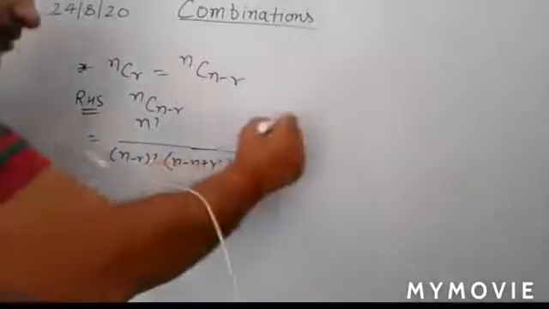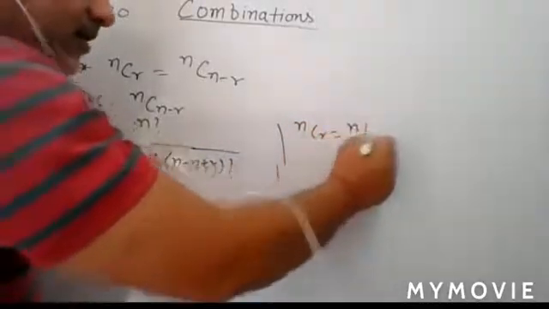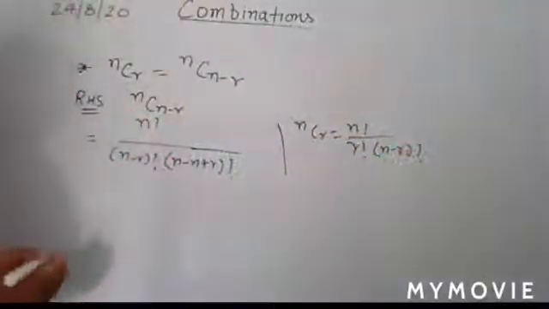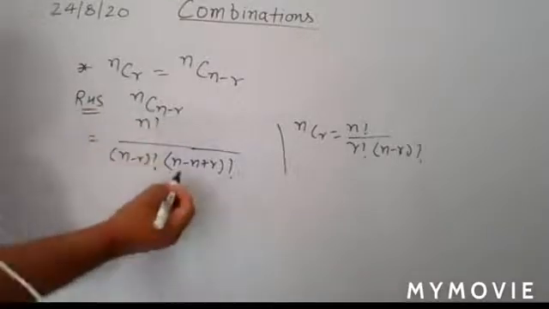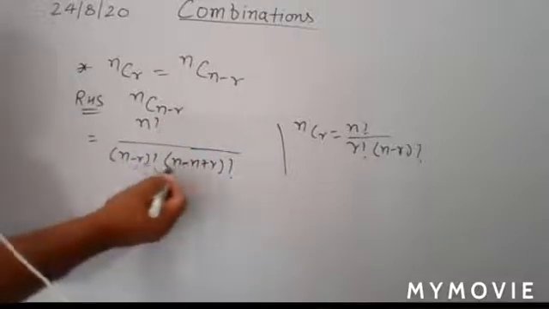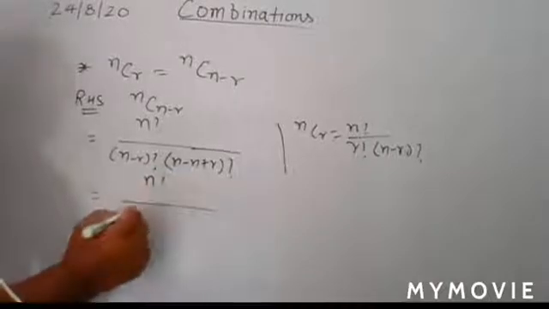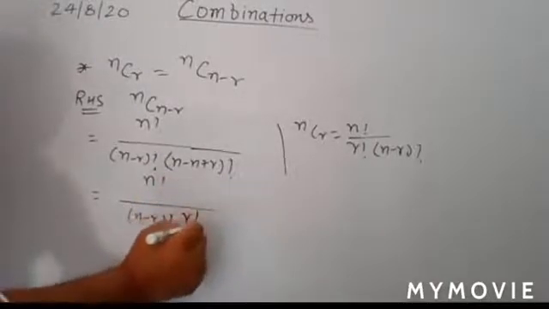Because you know the formula nCr is equal to factorial n upon r factorial into (n minus r) factorial. So here you take the difference of n and (n minus r). That's why here you write n minus n plus r. Just simplifying, you have n factorial upon (n minus r) factorial into r factorial.